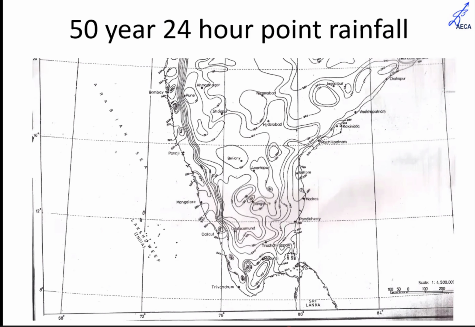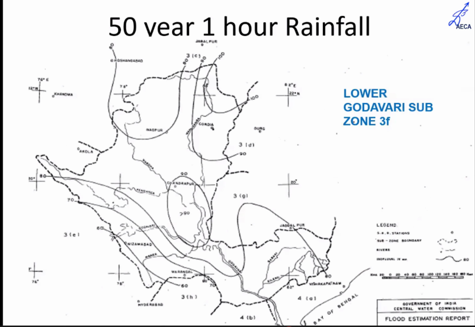Now there are also charts by the CWC and the flood estimation reports, where we have the point rainfall available for 24 hours for all India, as also for the subzones. All these are used in the calculation for working out the intensity.